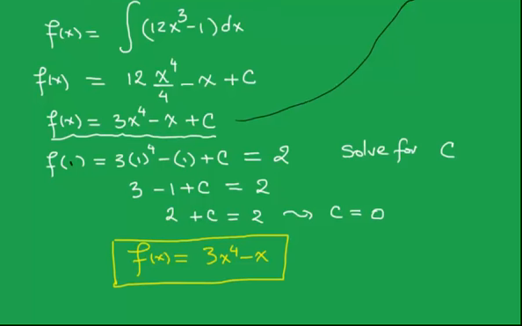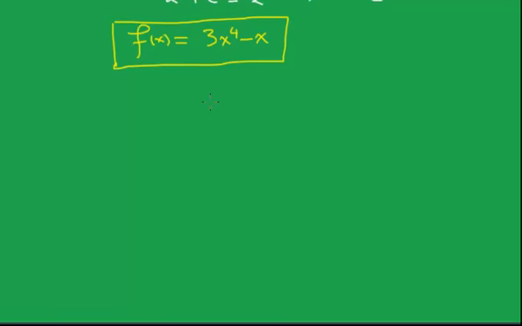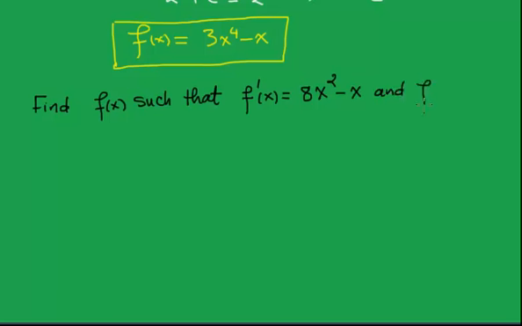So for example, go over this problem here, and the problem I'm giving you is: find f of x such that f prime of x is equal to 8x squared minus x, and f of 0 equals 3.